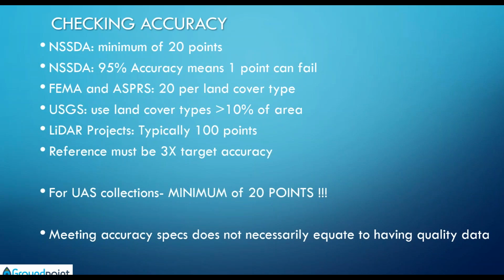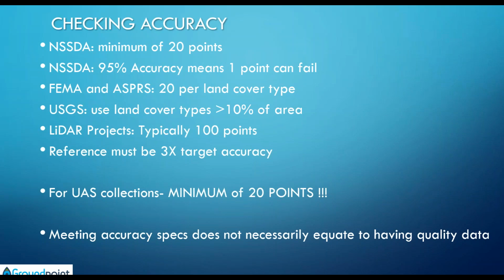A couple of other bullet points here. The NSSDA gives us that 20-point requirement. That means that if 1 point fails, we still can achieve a 95% confidence on the remaining data. If we're talking about large areas, both FEMA and ASPRS recommend that we do 20 points per land cover type. So a typical FEMA LiDAR collect might have 100 checkpoints in it.